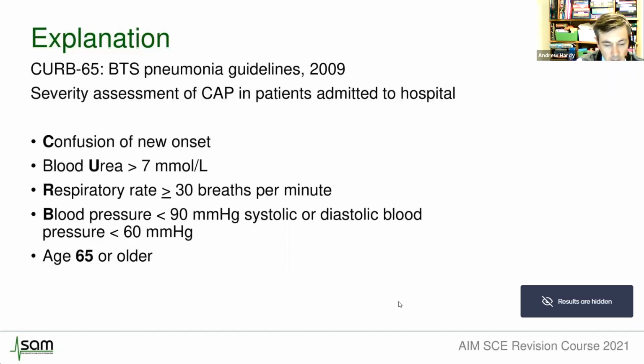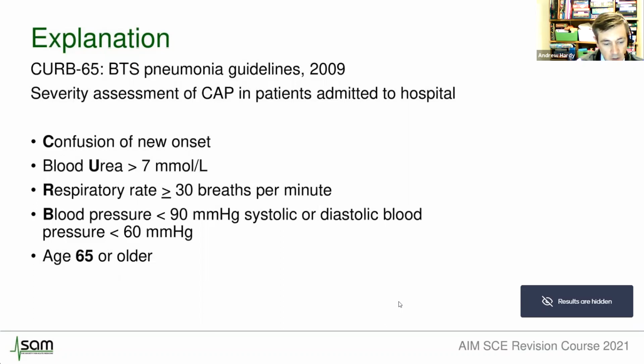Other things that might come up in the guidelines are investigations. So chest x-ray within 4 hours, routine bloods including inflammatory markers as a baseline is reasonable. Culture everything, so sputum and blood cultures. In severe pneumonia you can do urine for Legionella and pneumococcal antigens. They might ask about non-antibiotic treatments, so that's things like VTE prophylaxis, physio, oxygen, smoking cessation.